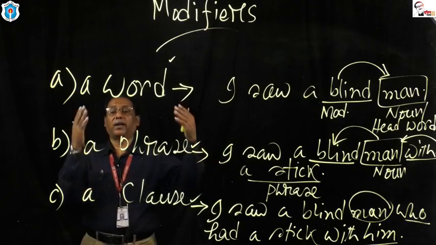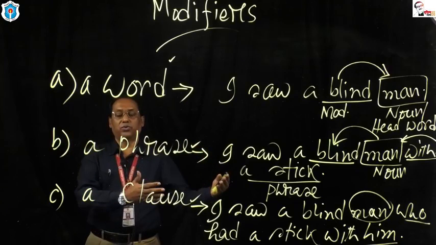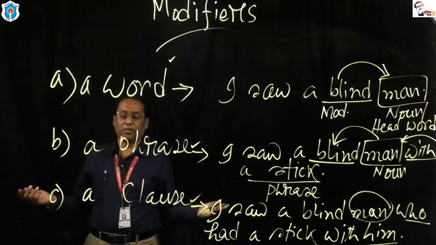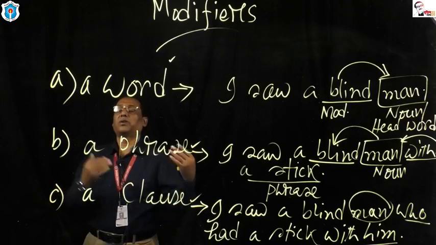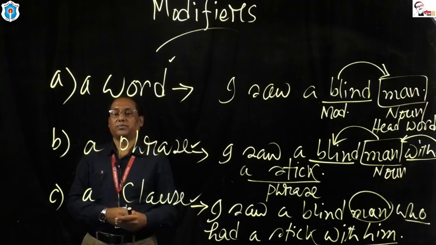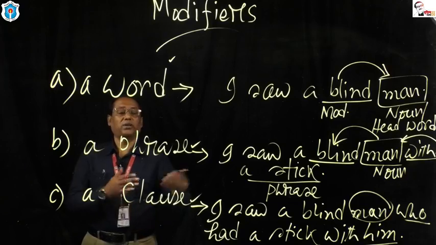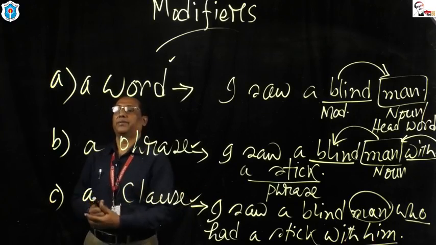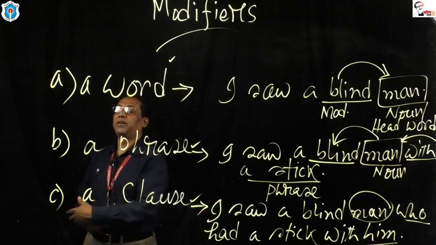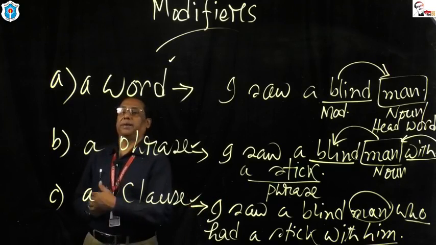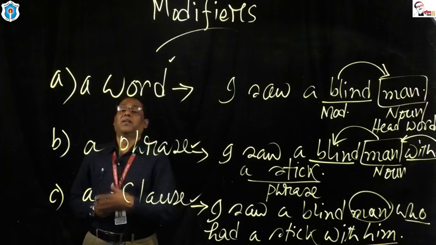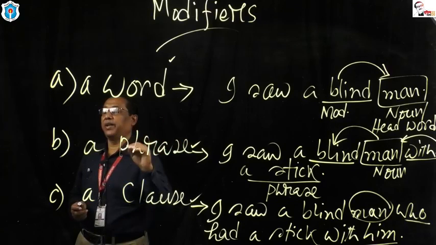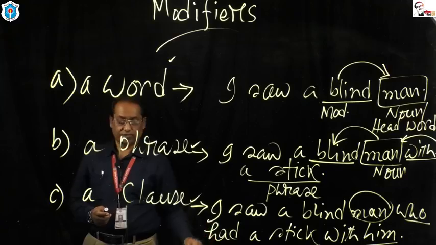Even you are asked to use a clause as a post modifier, for example. But if you don't know what is a clause, if you don't know what a phrase is, then how is it possible for a student to use modifier clearly, properly? So let me also focus on a phrase and a clause.